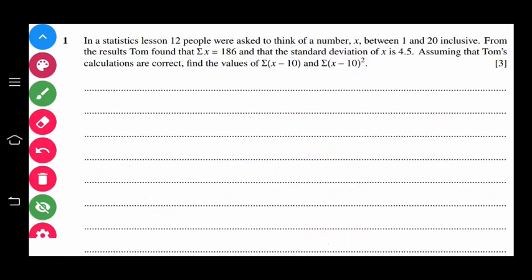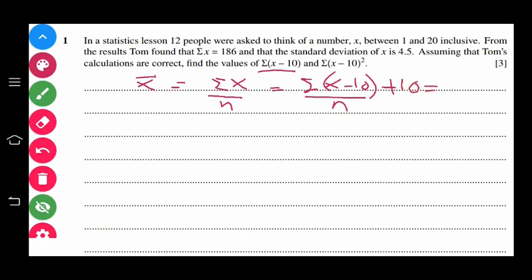Okay, so remember what we have done here once again. The work was very simple. To find sigma (x minus 10), we made use of mean, because we know mean x bar can be found in two ways, which is sigma x by n or sigma (x minus 10) by n plus 10. In both ways we get the correct answer, which is the same as sigma x is 186 by 12. So by using this we find sigma (x minus 10).